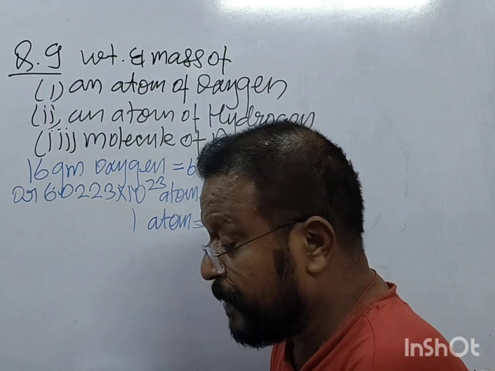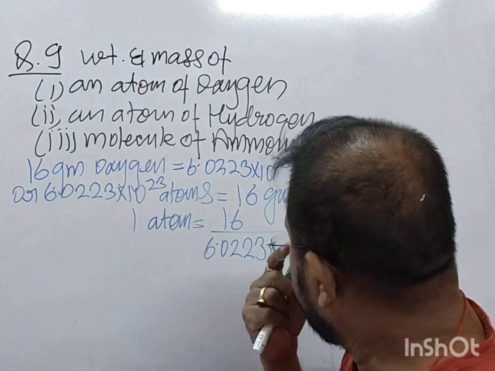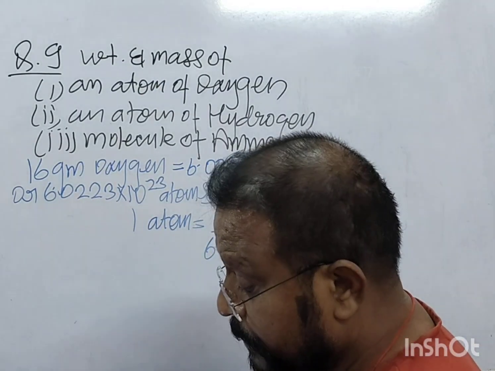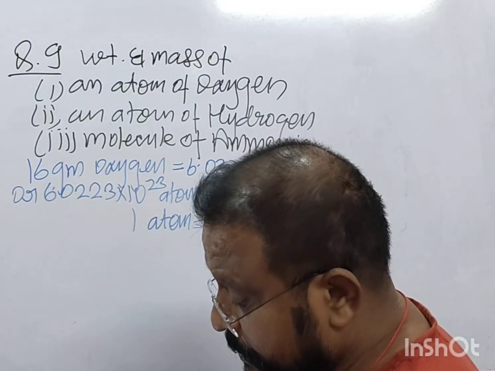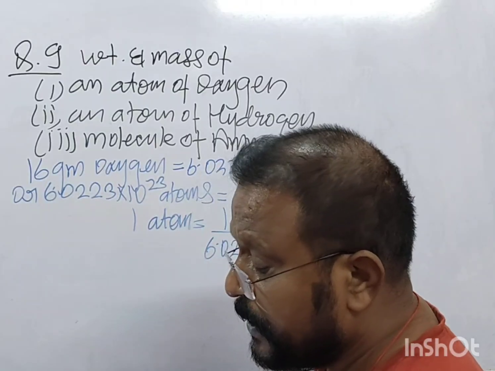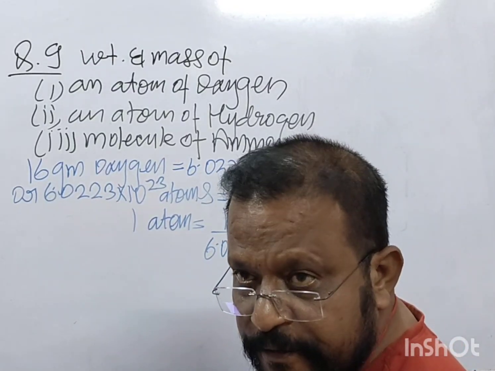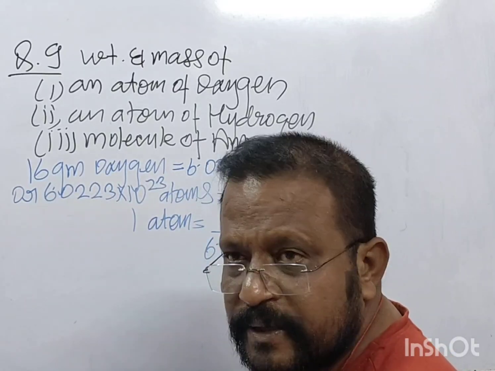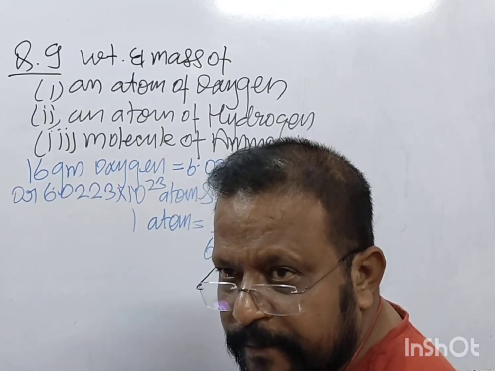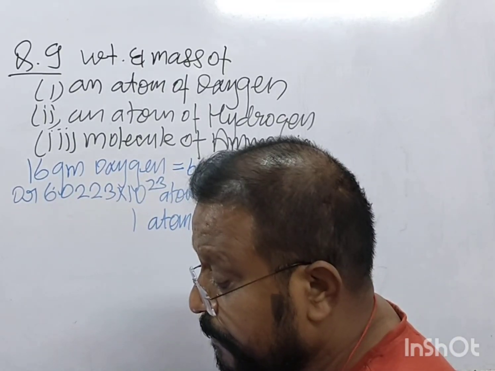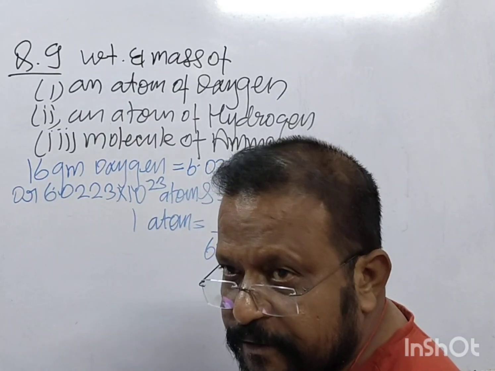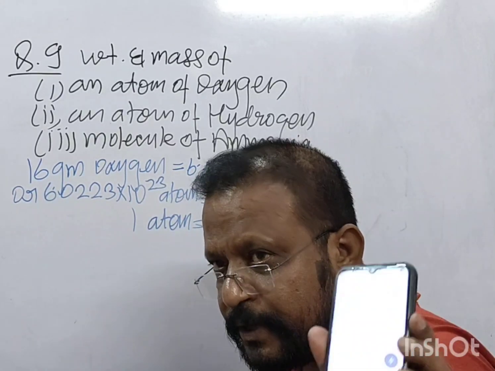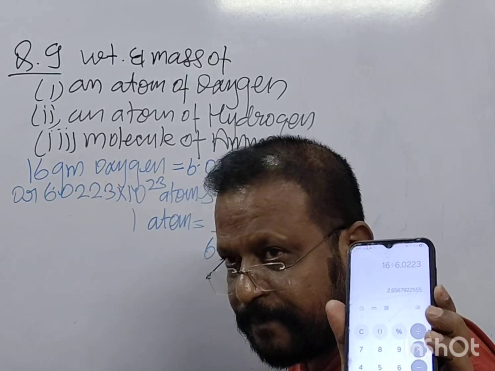So how much will it be? 16 divided by 6.0223. It is 2.65, 2.66 or 2.67? 2.65. You get it?